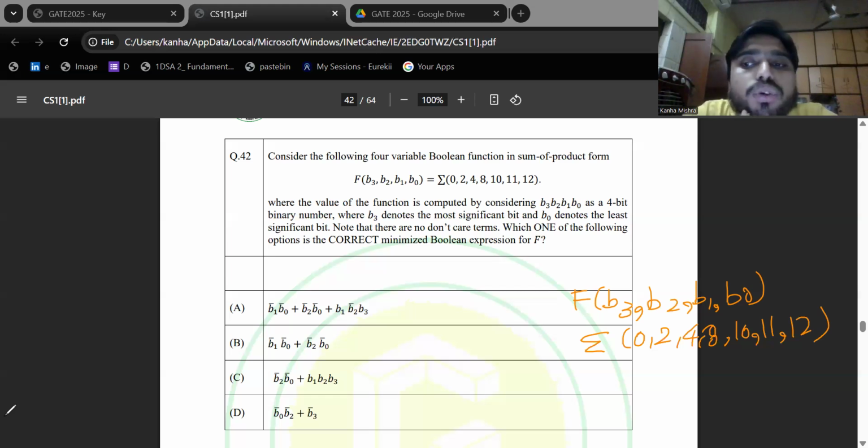Convert these numbers into the 4-bit binary format since there are B3, B2, B1, and B0.